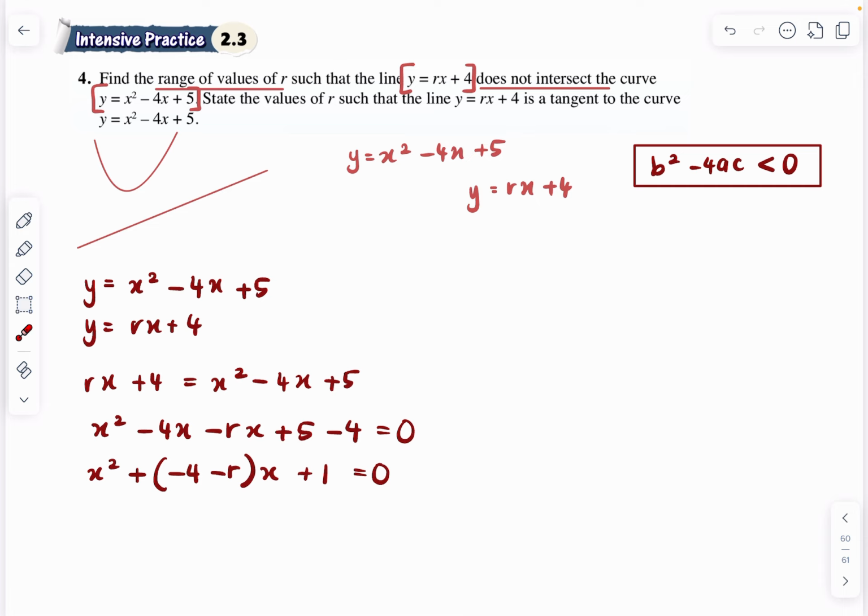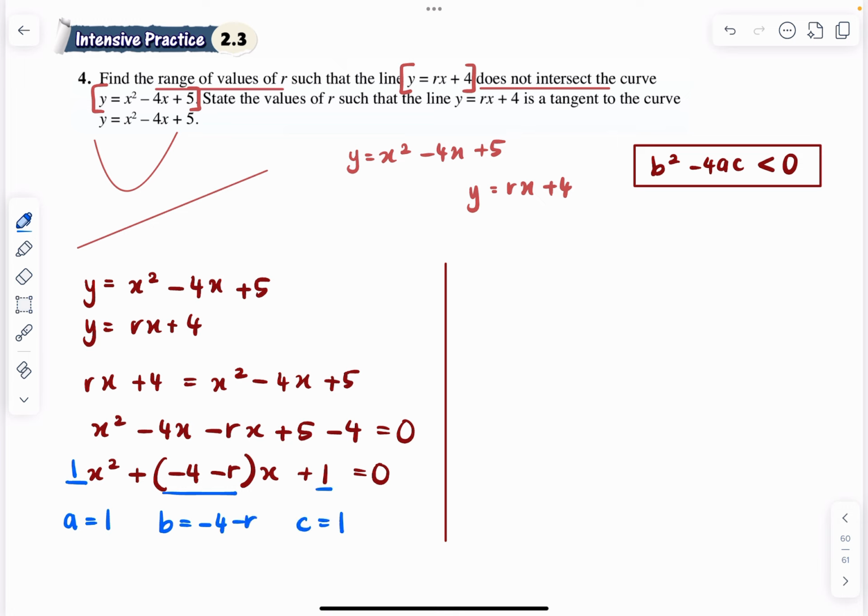Okay, so this one I try to factorize it so that I get my a, b and c. It's easier later. If you have it in this form, this one also has x, this one also has x, it's a bit difficult. Right. So from here we can get our a, b and c. So our a will be 1, our b will be this whole thing, and our c will be 1.